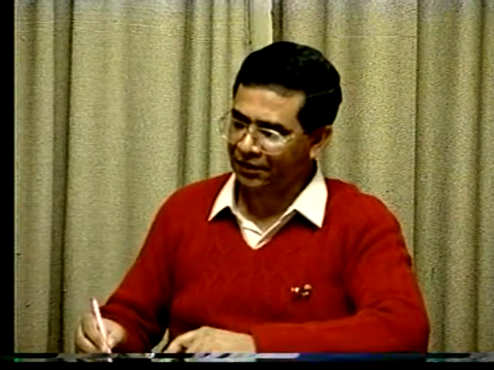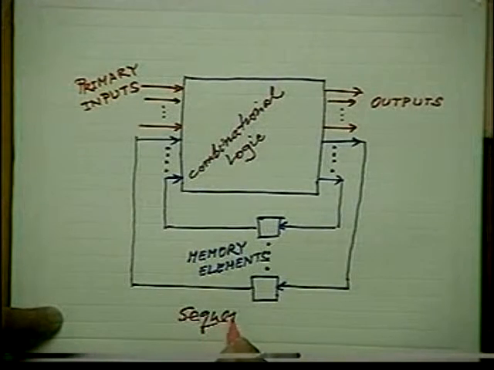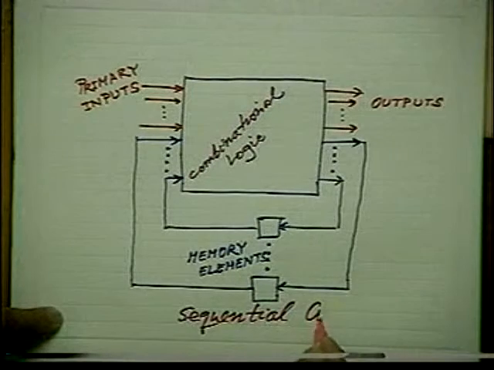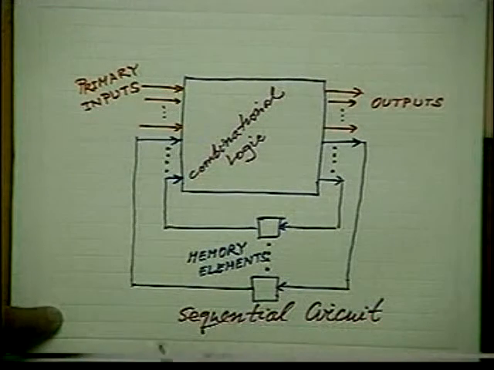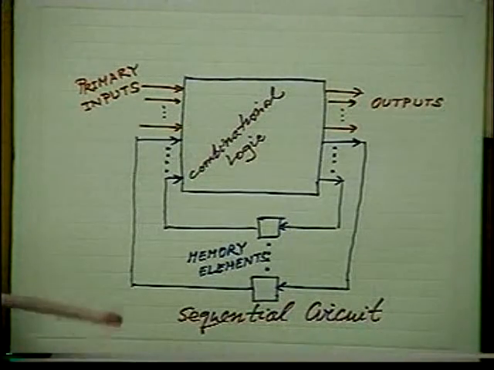Similarly, given a sequential circuit, our endeavor will be to analyze it so that for any input sequence that I give to it, we should be able to find out what the output sequence will be.